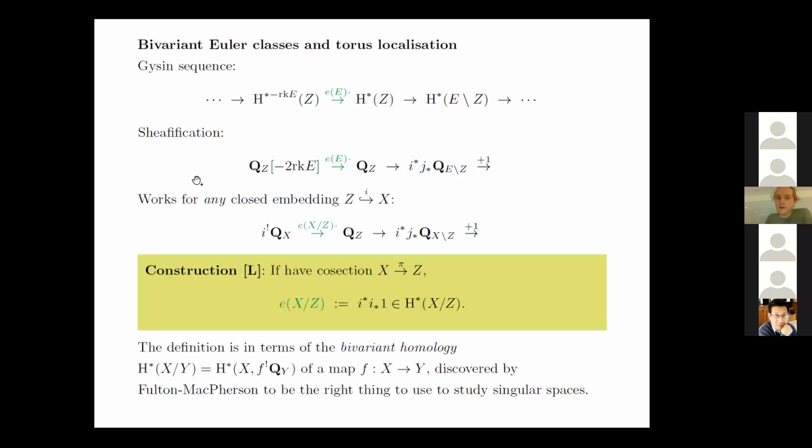And this distinguished triangle actually exists in, say, the derived category of l-adic sheaves on a stack. So this is a very general result. And you can simply define the bivariant Euler class to be an element of the bivariant homology of any closed embedding from Z to X.